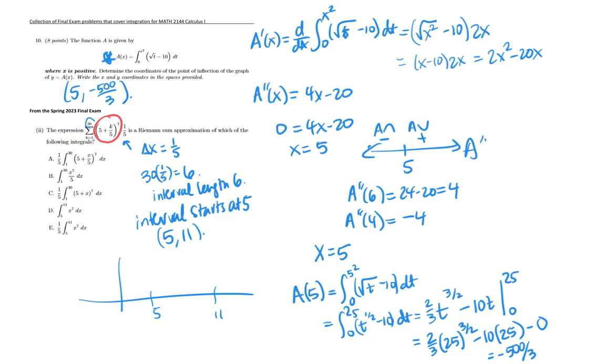So my function is going to be x to the 7th. So I'm plugging those x values into x to the 7th to get the height, multiplying by the width, which is 1/5. And so I should have the integral from 5 to 11 of x to the 7th dx.